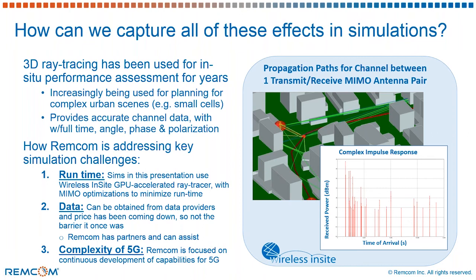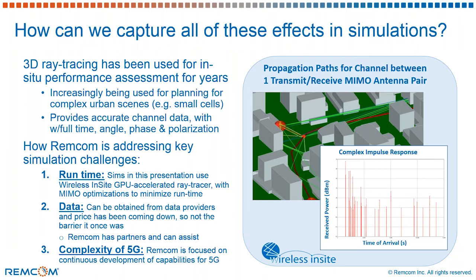Some of the challenges in using a complex full three-dimensional ray tracer are shown below. This includes runtime. The simulations in our presentation today use Wireless InSite's GPU accelerated ray tracer along with MIMO optimizations to minimize how much additional runtime is required in order to simulate large arrays on MIMO antennas.